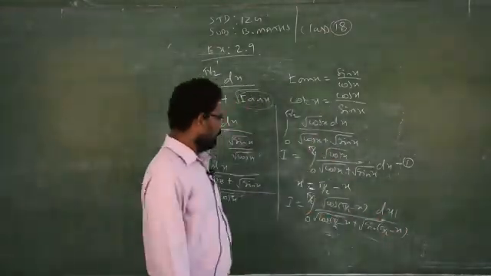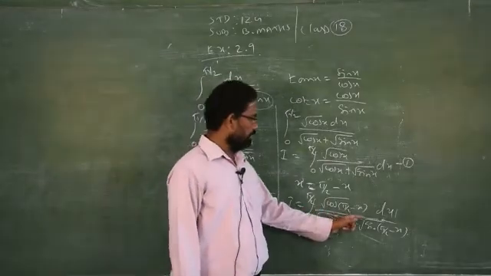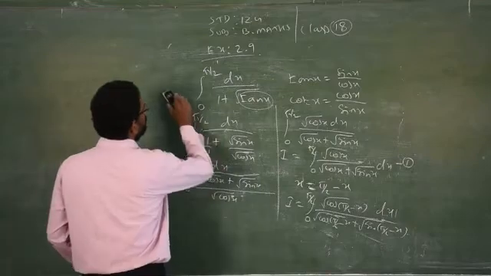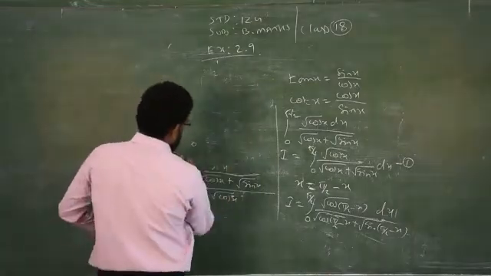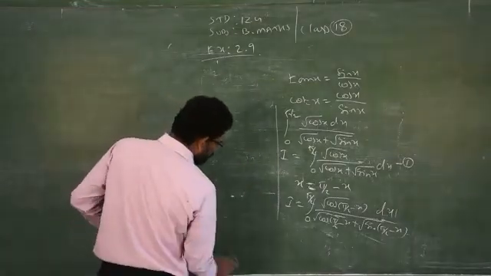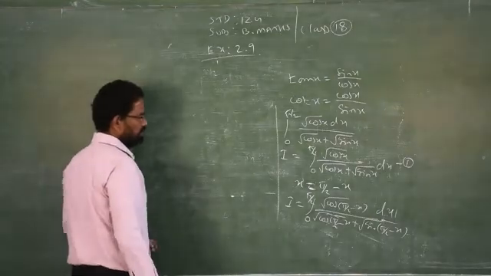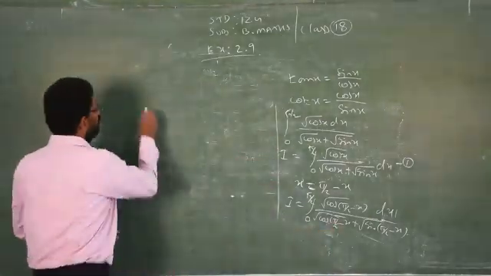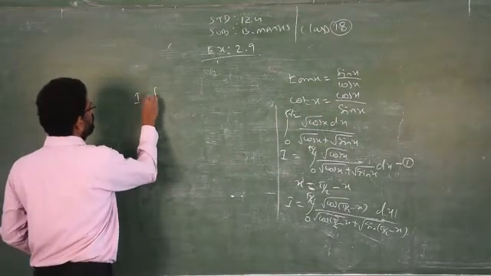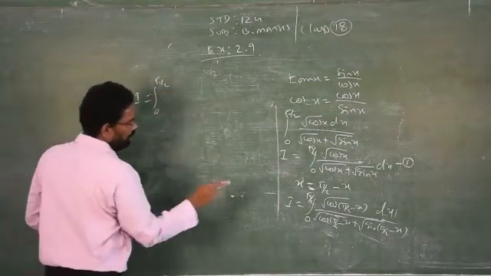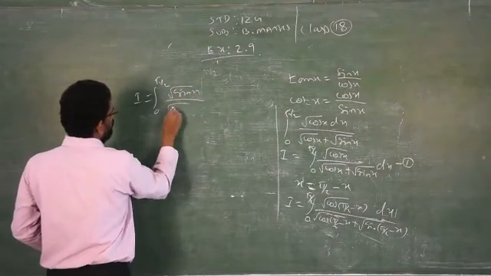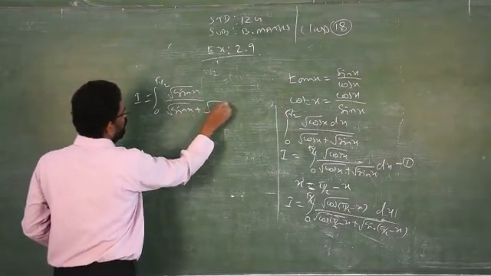You already know what cos of pi by 2 minus x is. Cos of 90 minus x is sin x, sin of 90 minus x is cos x. Yesterday itself I wrote the formula, refer to that formula. Now cos will become sin x, and sin will become cos x.